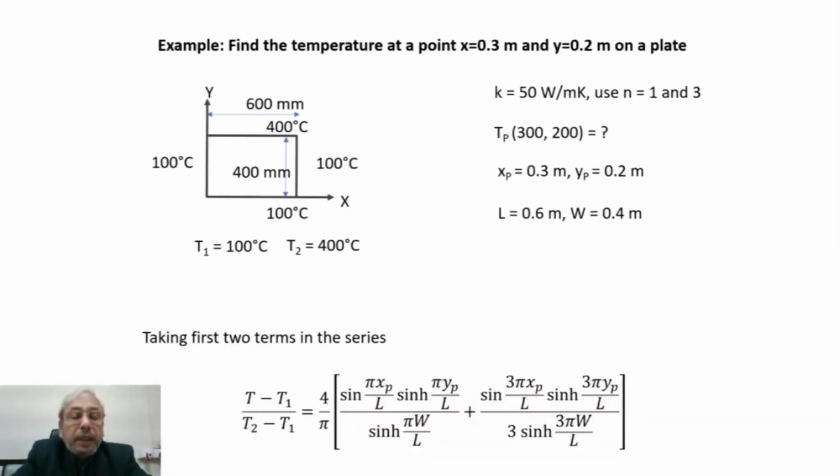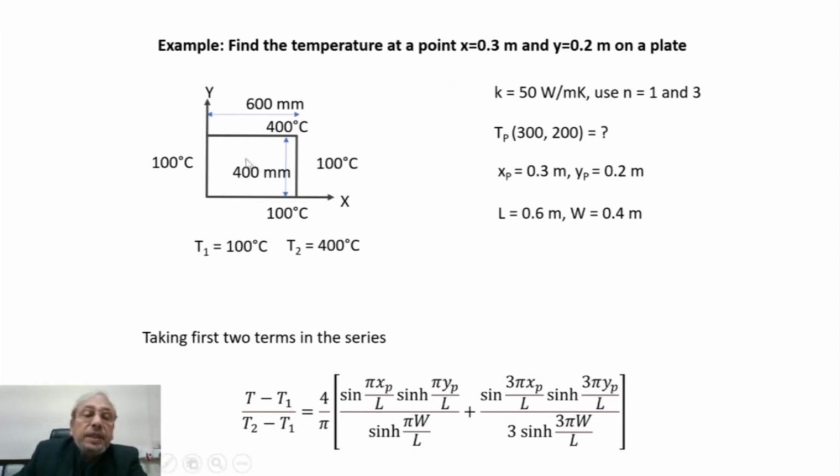Now we'll take up an example where we will find out temperature at a specified location in the domain, or any given location in the domain. We'll specify where we want.